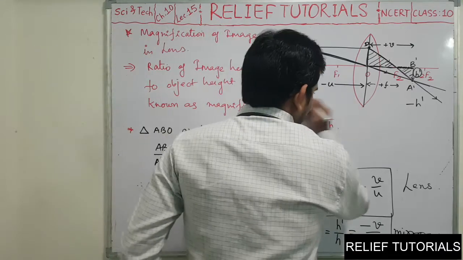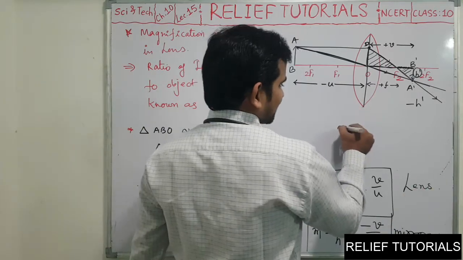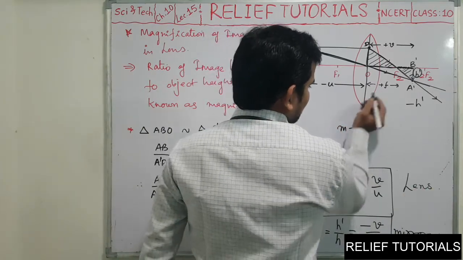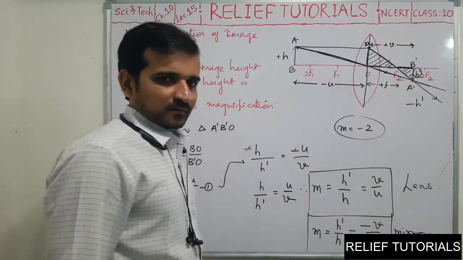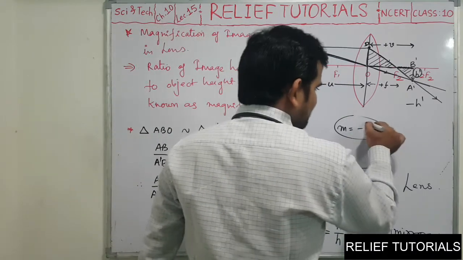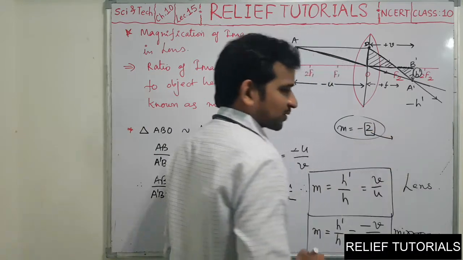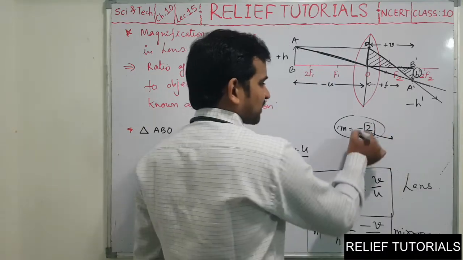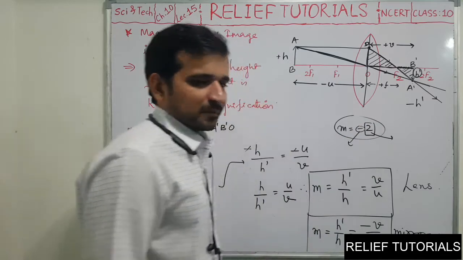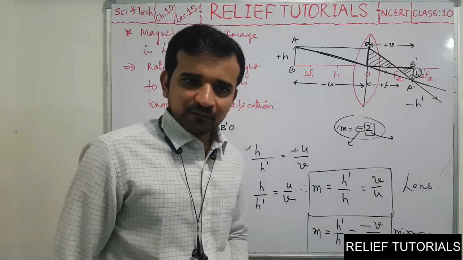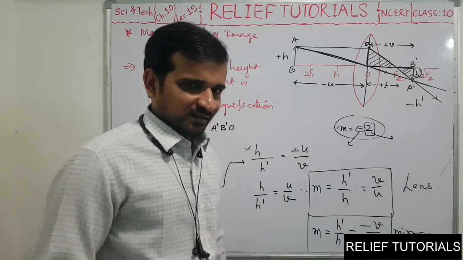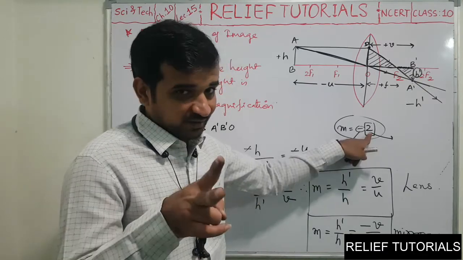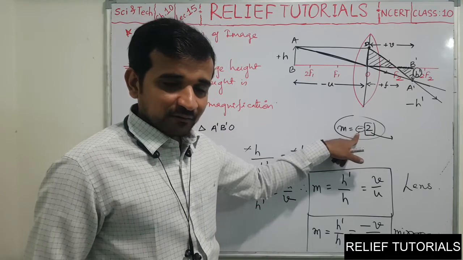Now in the case of lens, if I say magnification is minus 2, what does it mean? Here 2 means the image is 2 times magnified than the object, and minus means real and inverted. So where do you find this type of image in the case of lens? Image should be 2 times larger, real and inverted.